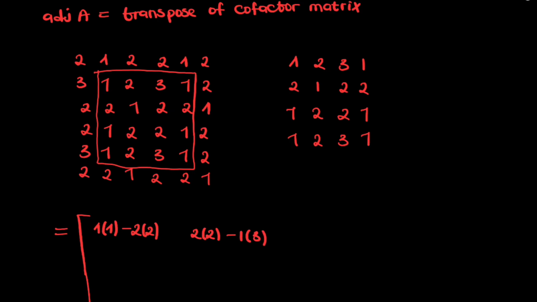We take the third: 2 times 3 minus 2 times 1. We take the next: 2 times 2 minus 1 times 1.